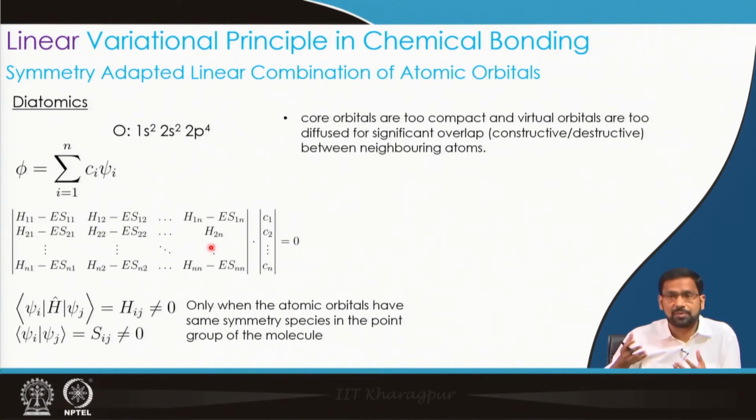We used some of these properties in our previous discussion, especially when we were evaluating the integrals with respect to the theta part or phi part. Now, we will formulate some basic rules so that the calculations become simpler. What it says is that the Hamiltonian of a system is invariant to any symmetry operation of the molecule. I guess you have some idea about group theory and its chemical applications.